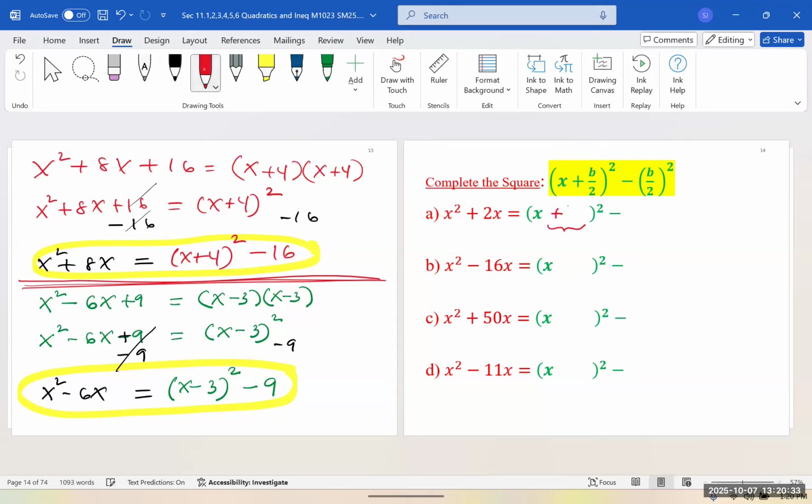So we do half of b, and we are adding because this is plus. So we divide our b by 2. That goes inside. And then what do we put outside? Minus what? The 1 squared, which is 1. So half of b goes inside the parentheses, but that square is subtracted after the parentheses.